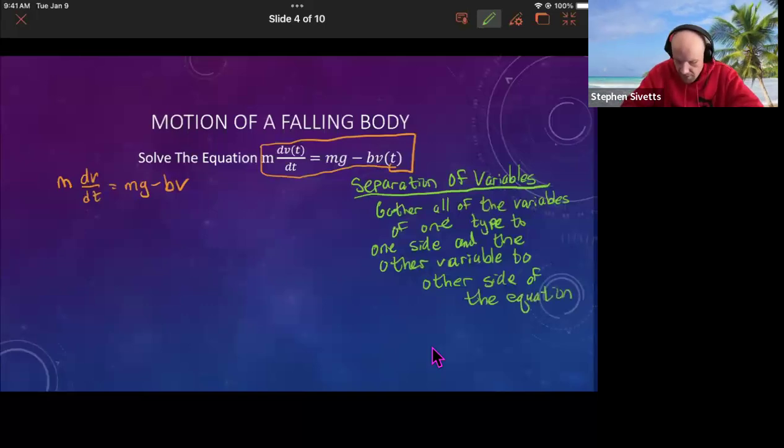All right. So you've seen in calculus before that we can't really separate this quantity dv dt, right? But it turns out you can separate it.